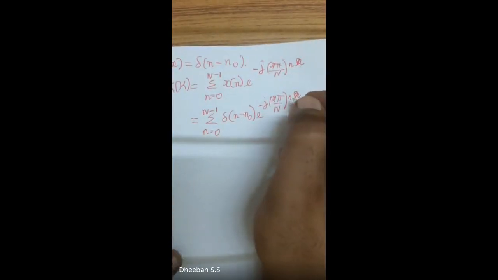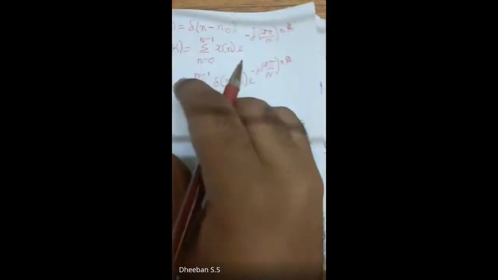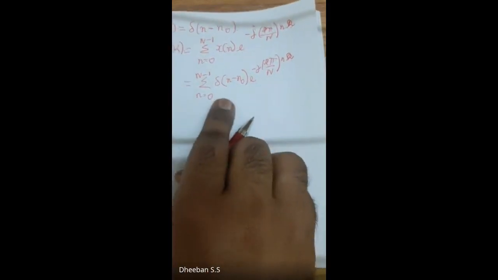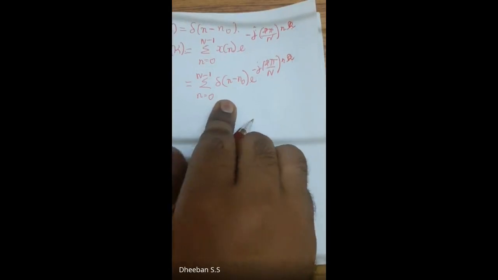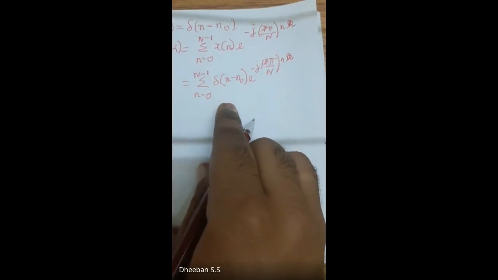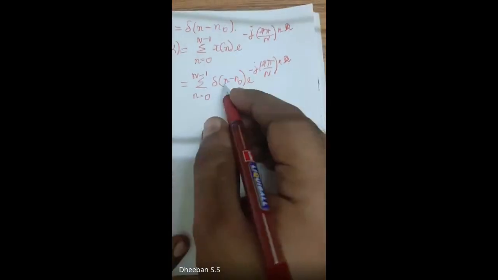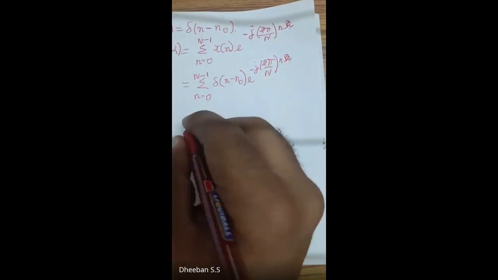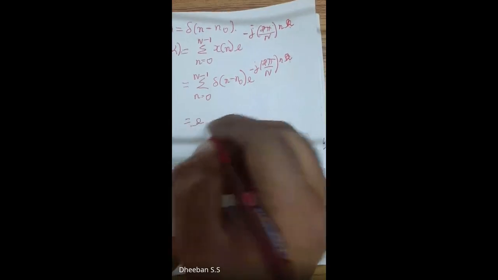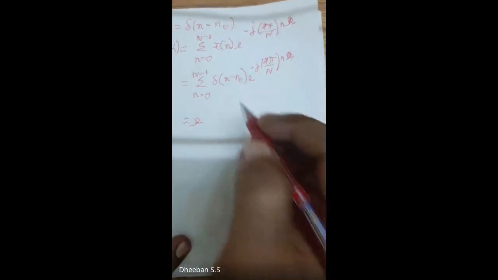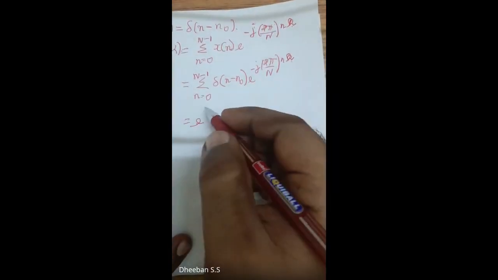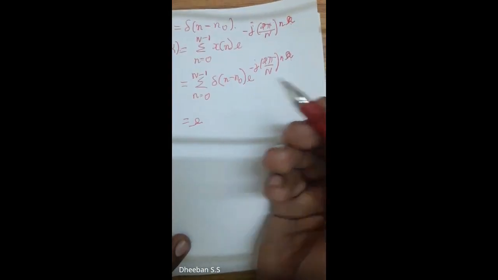So now you already know delta n will take the value of 1. Substituting n equal to n naught, you just put that value alone, other values you don't need to put, because for other values it will take the value 0 only.